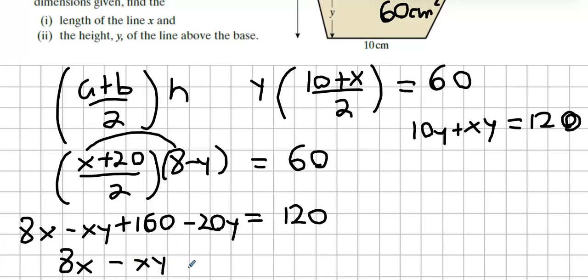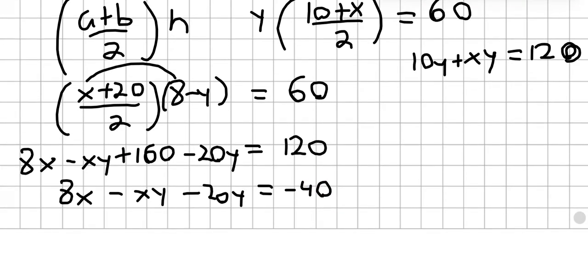Alright, I have an idea. Minus 40, yeah. I would add them together and all that, but I think the more logical way of doing this would be to isolate the y outright. So I'm going to isolate the y, and I'm going to say it's 10 plus x, and that's 120.